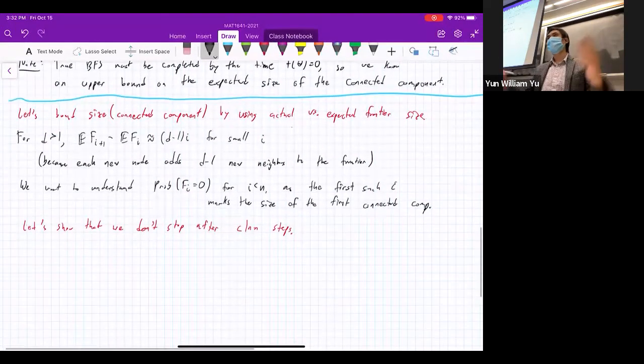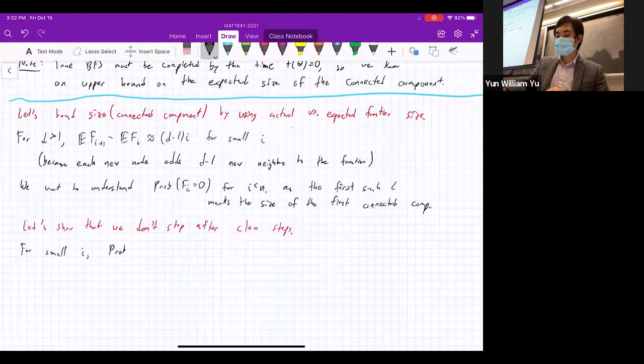And to do this, we're going to use a number of approximations. So it is going to be a little bit hand wavy, but this entire section has been a little bit hand wavy with asymptotics. So for small i, the probability that a vertex is undiscovered is equal to (1 minus d over n) to the i, which is approximately 1 minus id over n.